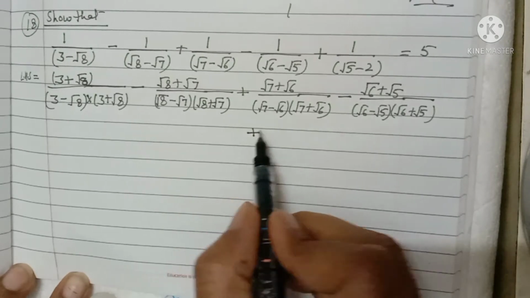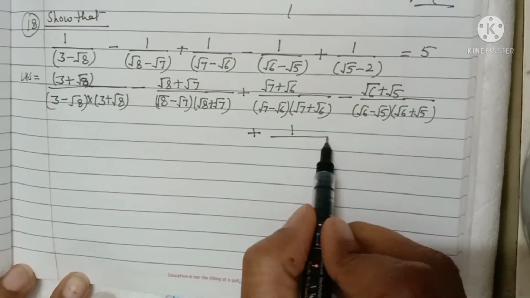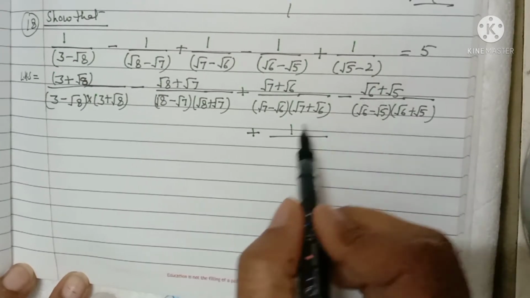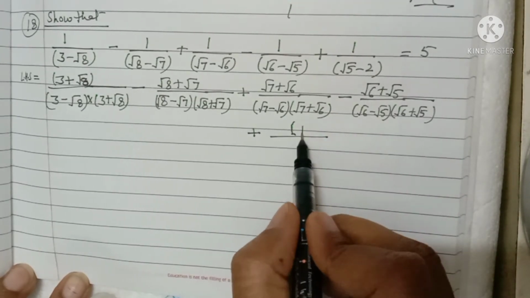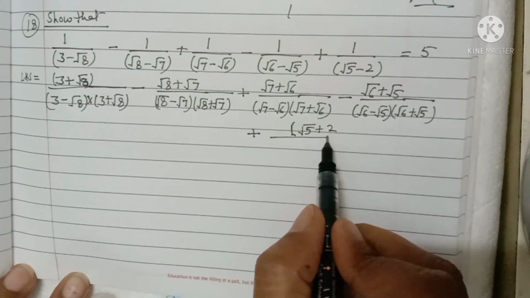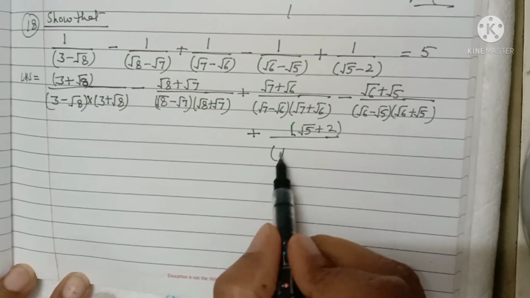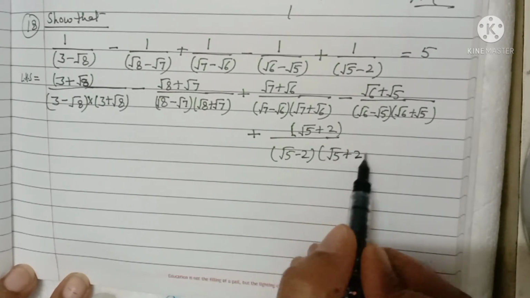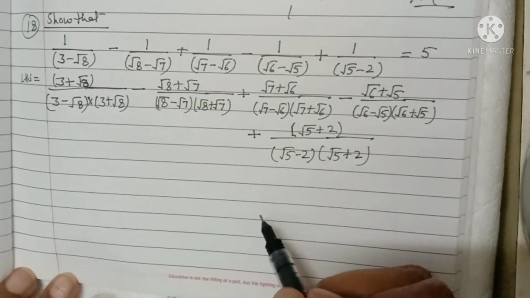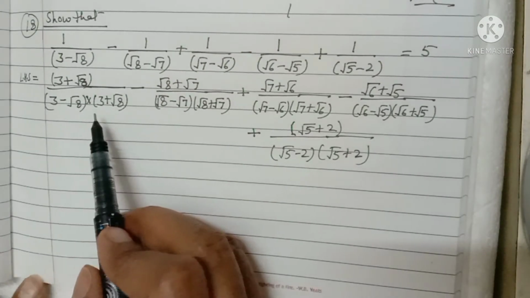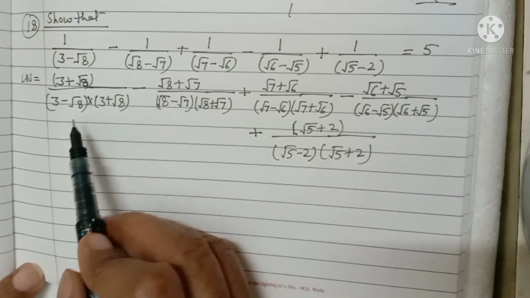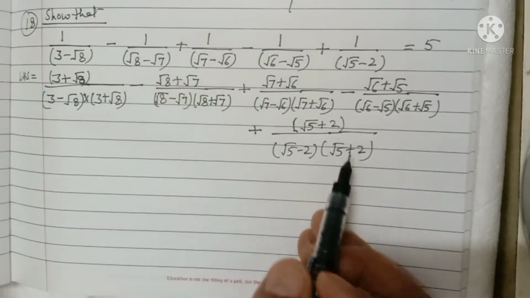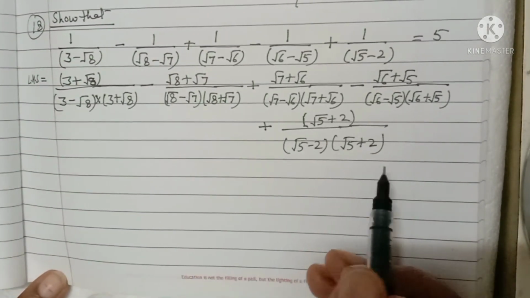So plus 1 upon root 5 minus 2. So you will multiply by root 5 plus 2. So here root 5 plus 2 in numerator, and this is root 5 minus 2 and root 5 plus 2. Only we have to rationalize the factor by multiplying numerator and denominator with the suitable factors, suitable numbers.